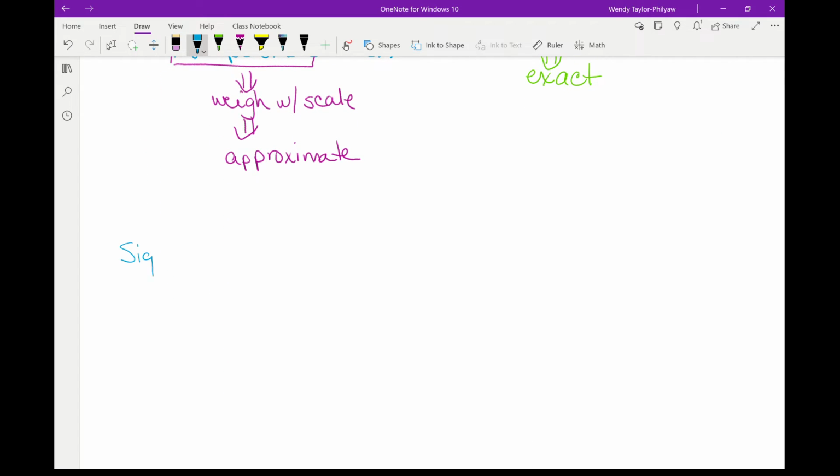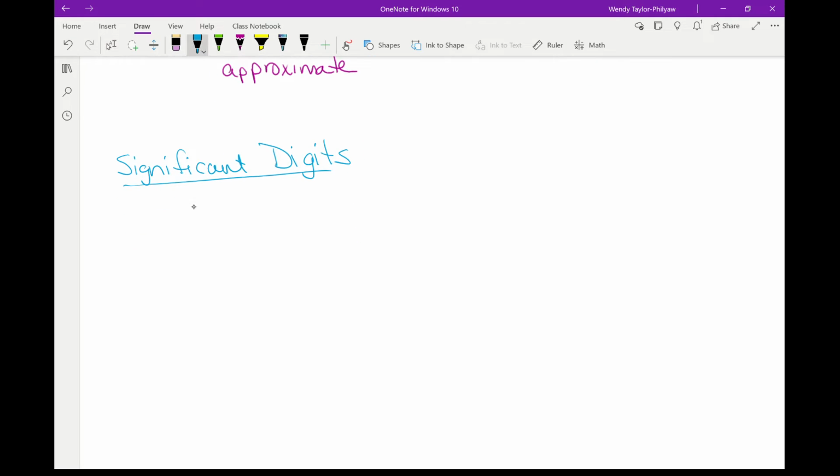Significant digits can be a confusing concept as well. Significant digits are digits in a number that are non-zero digits.